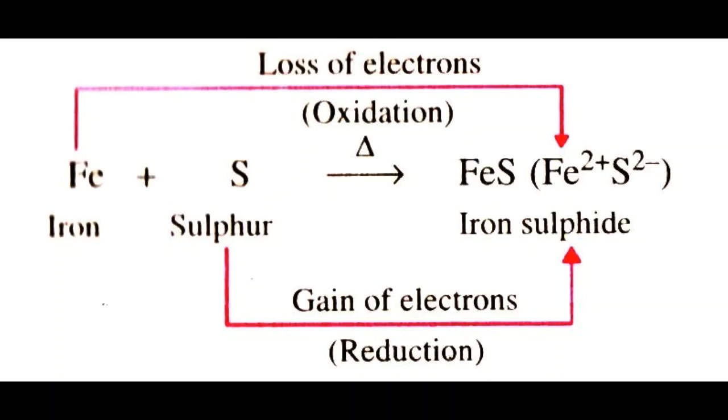So iron has undergone oxidation. So iron forming a cation is the reducing agent. On the other hand, sulfur, being a non-metal, has gained electrons to form an anion. So it has undergone reduction, and hence sulfur here is the oxidizing agent.